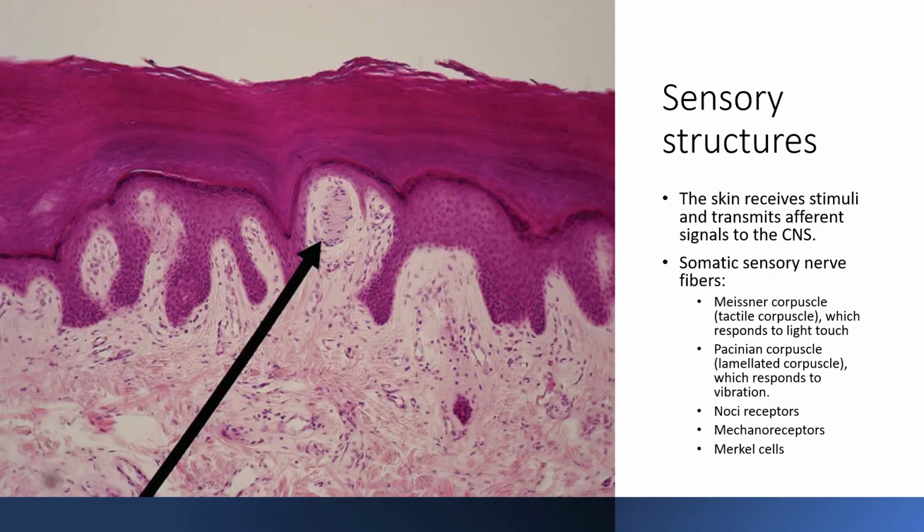So Meissner corpuscles and Pacinian corpuscles are going to be our main sensory cells in our fingertips and areas of our skin where we have light touch, vibration, things like that. So we're transmitting information about light touch, also temperature, up our spinal cord to our brain. There's a lot that goes into that, which we'll get into in the later chapters.